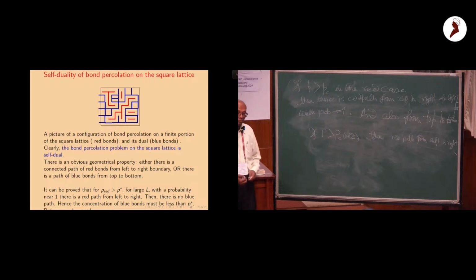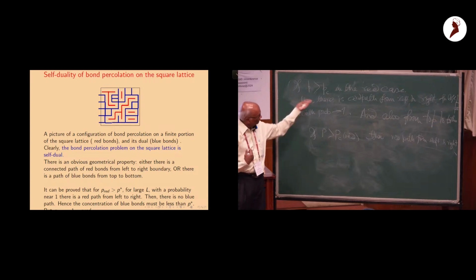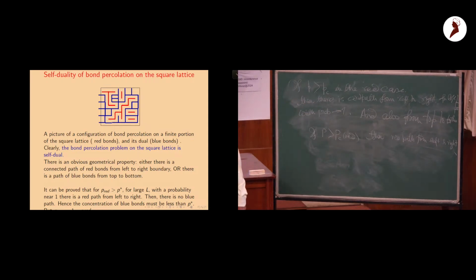Okay, so there cannot be a blue path from top to bottom. So when the red bonds percolate, the blue bonds cannot percolate. Okay, it's pretty obvious and simple, so I'm not going to write an infinite amount now.